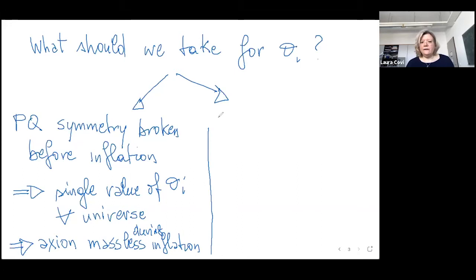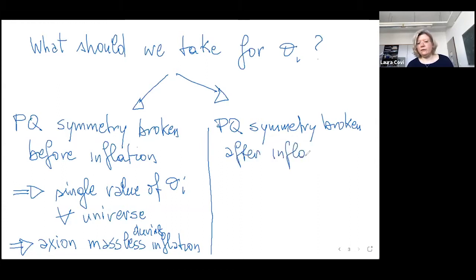The other case is if the Peccei-Quinn symmetry is broken after inflation. This means, of course, that the scale of inflation is lower than the Peccei-Quinn symmetry scale. In any case, we see that this happens in the other case as well. But this is the case where you have the formation of domains with different values of theta after inflation.